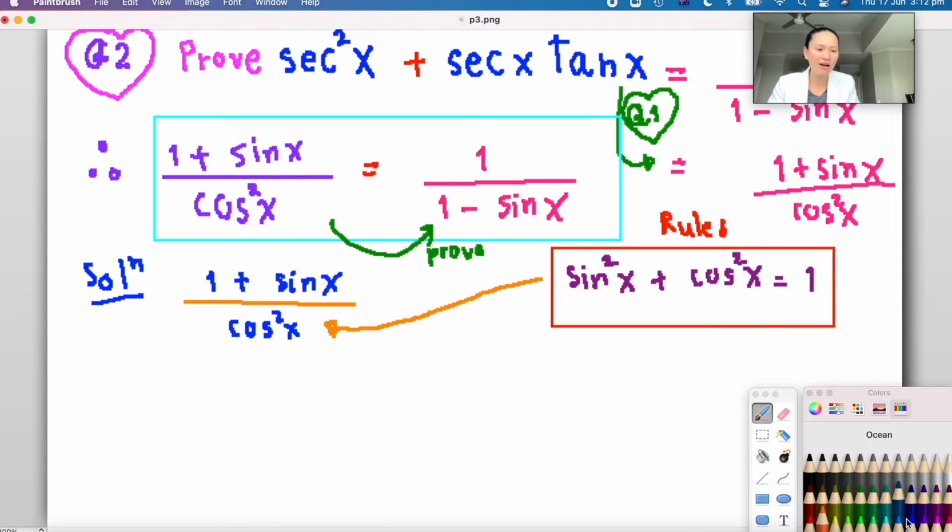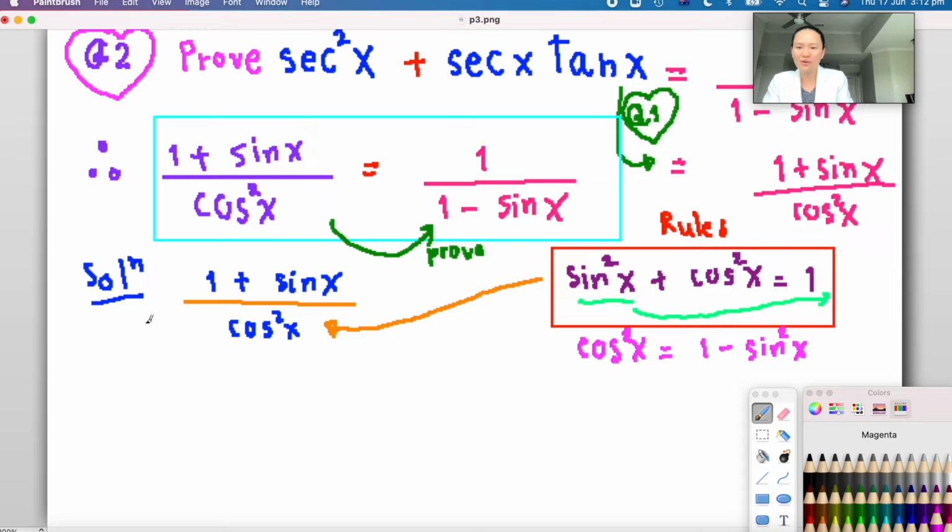So my cos x squared equals, what I do is just move sine x squared to the other side of the equation, so it turns out that my cos x squared equals 1 minus sine x squared. Yep.